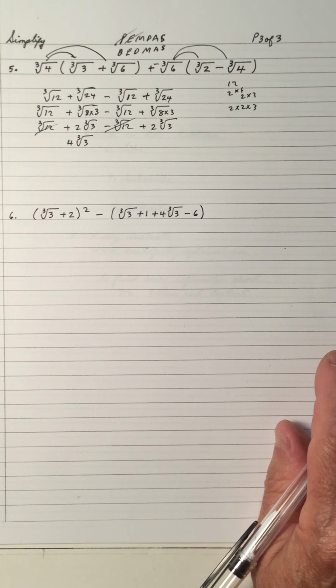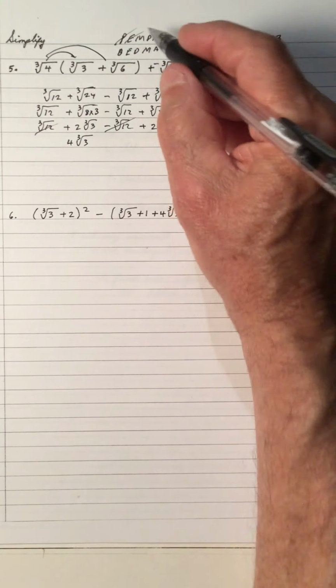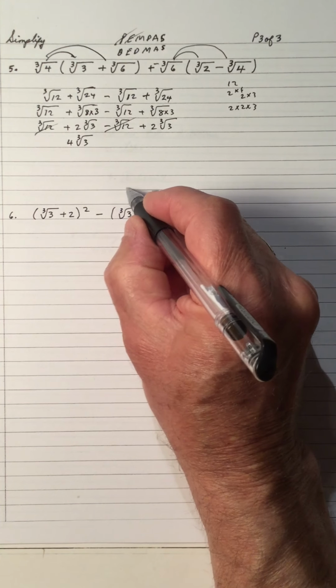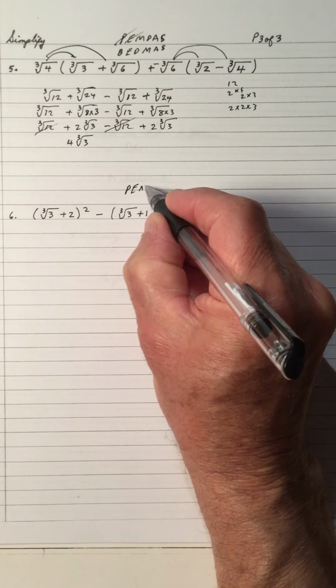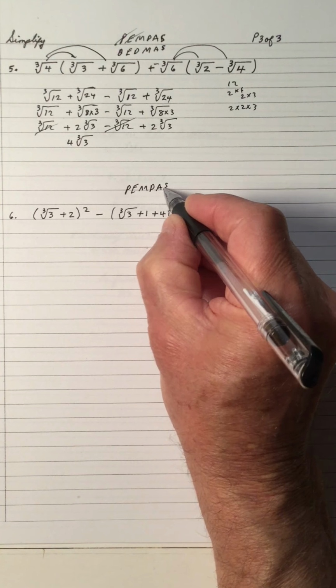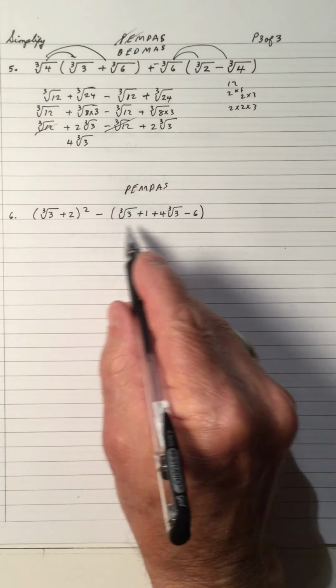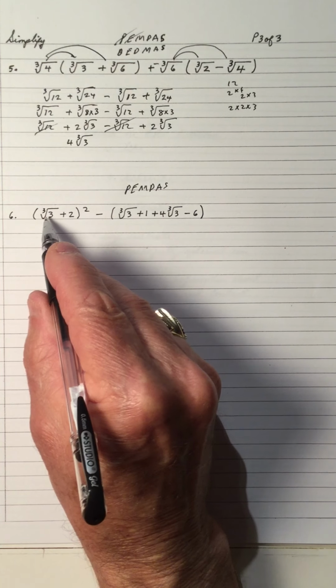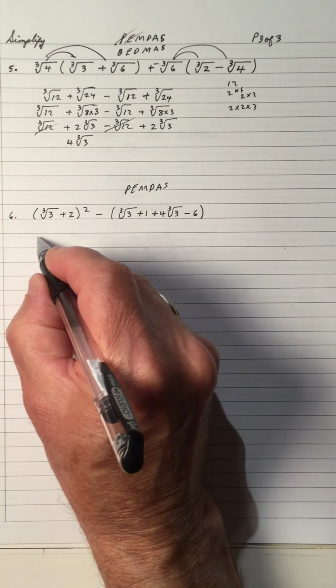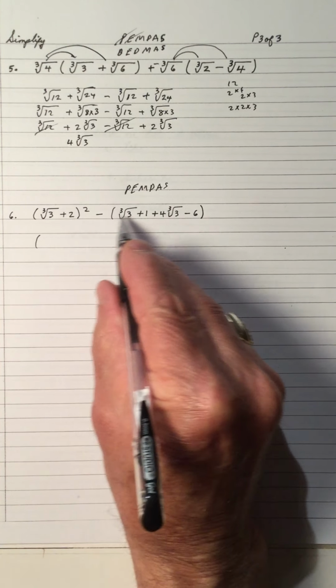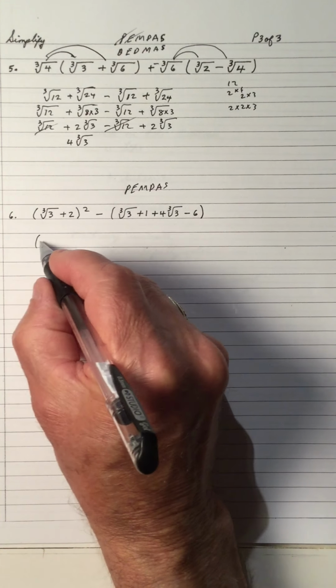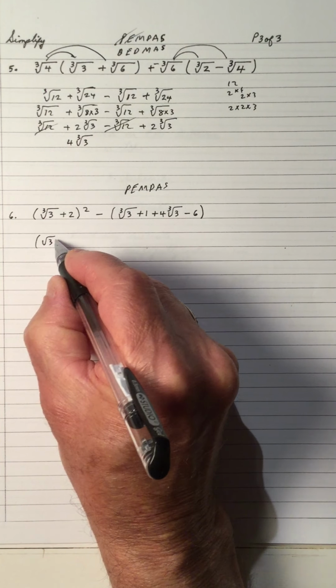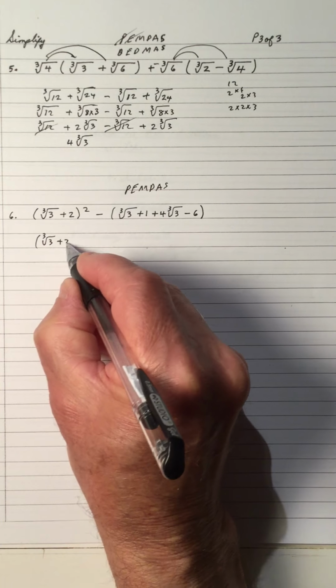And number 6, let's simplify this. We have to obey PEMDAS. So can we simplify inside of these brackets? No, a cube root cannot add to a 2, so we leave that one alone. Can we simplify here? Yes. So we'll do the second bracket first.